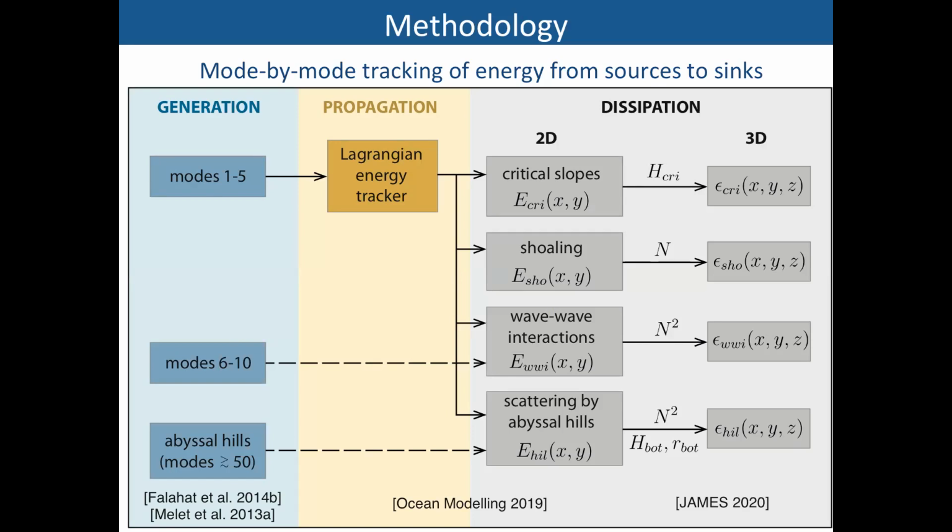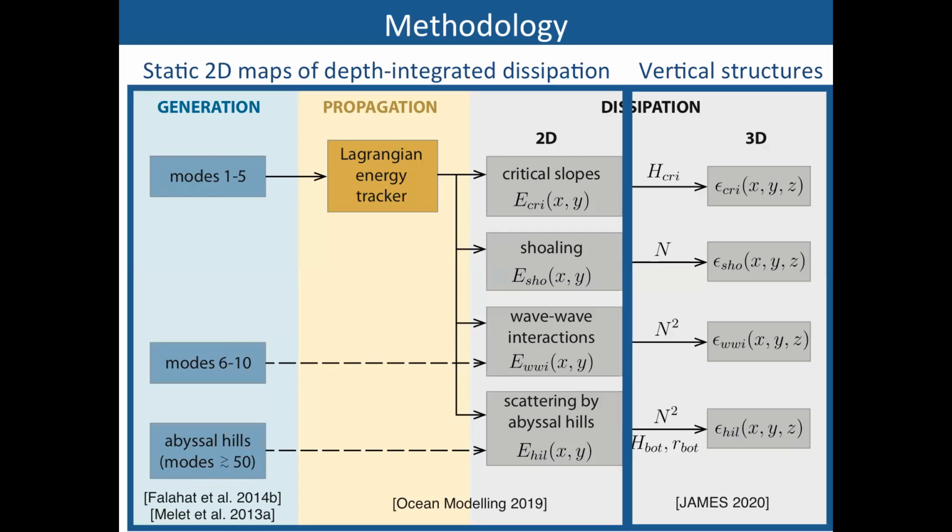So it's essentially ray tracing or beam tracing, and it's inspired by the IDEMIX concepts put forward by Olbers and Eden. The first step is to create some static 2D maps of depth integrated dissipation. And this is done with an observational climatology of stratification. We took the WOA climatology, which is a half degree in horizontal resolution.